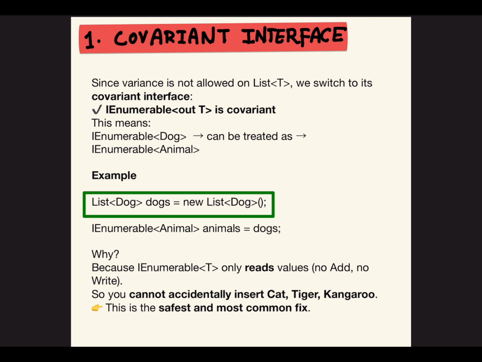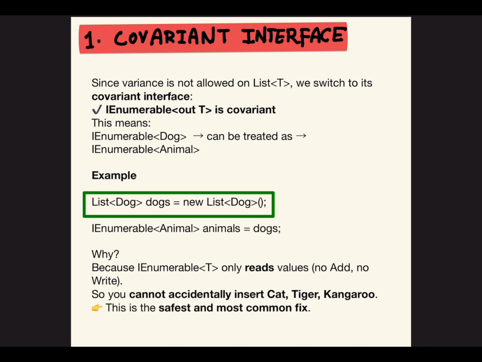The very first way is the covariant interface. Since variance is not allowed on List of T, we were not able to do List of Animal equal to List of Dog. So we switch to its covariant interface. What is that? IEnumerable out T is covariant. If you go to the definition of IEnumerable, you will find this out keyword.